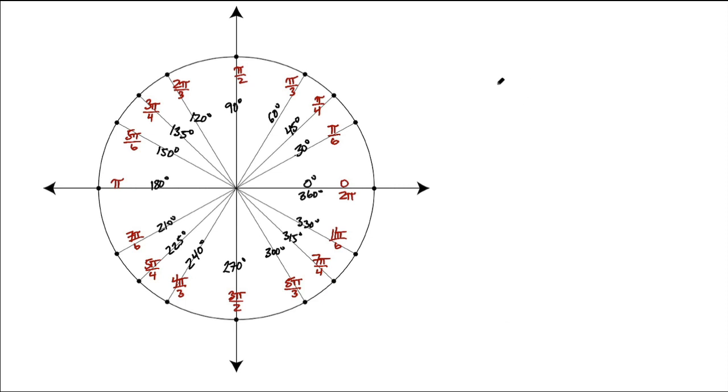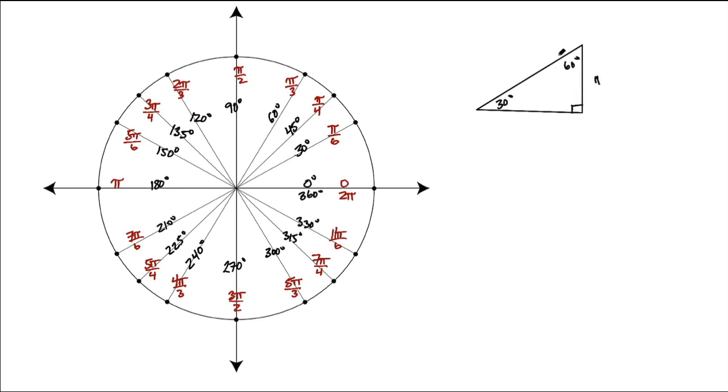We have the 30, 60, 90 triangle, and so I'm going to go ahead and draw that here. Now the 30, 60, 90 triangle, we can actually draw it in multiple ways. Now, drawing it in this way, opposite the 30-degree angle is 1.